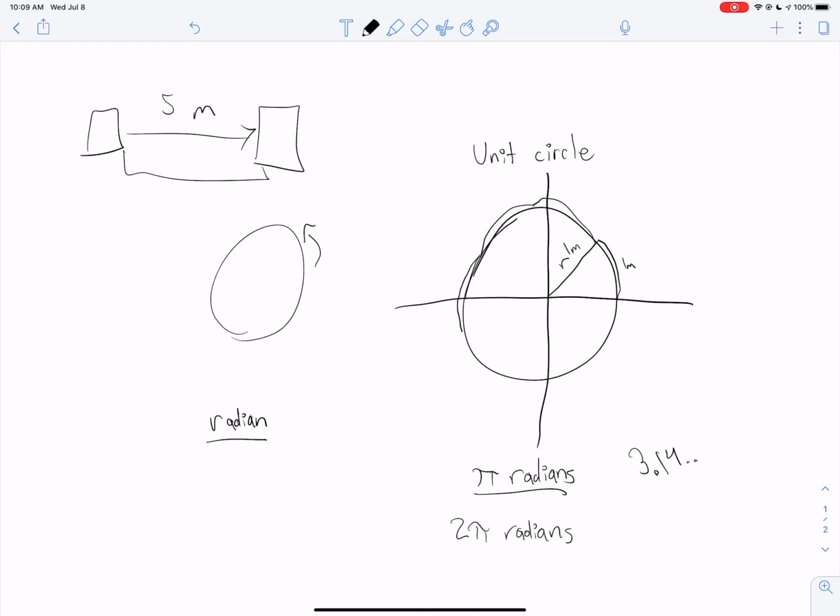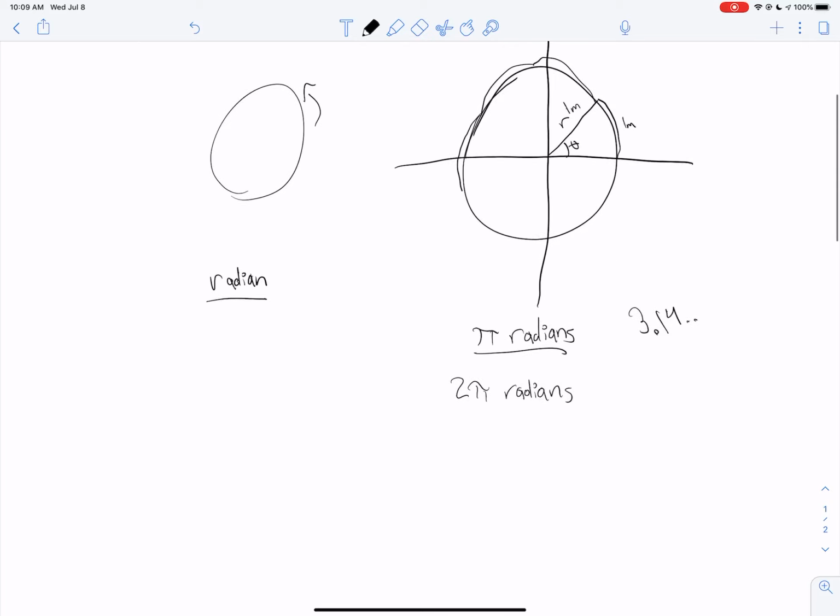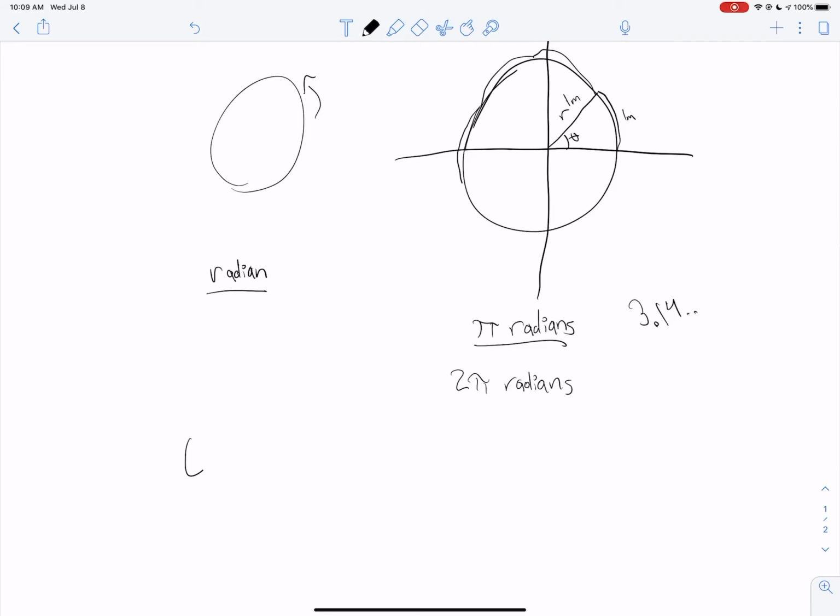Now that we have an introduction to what a radian is, let's talk about what the angle theta is. From trigonometry, theta is going to be equal to the distance over the radius, where this distance s is the distance on the outside of the circle and r is the radius.